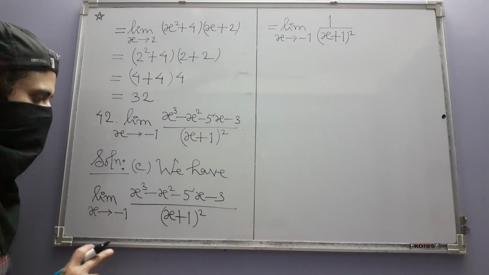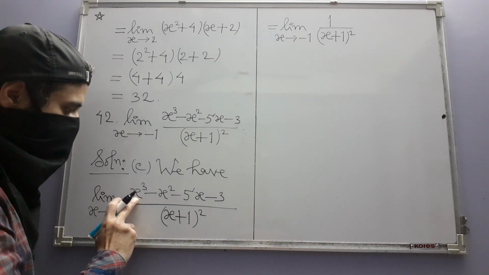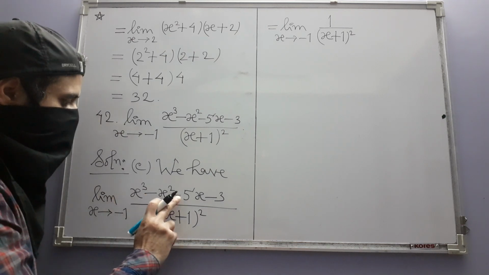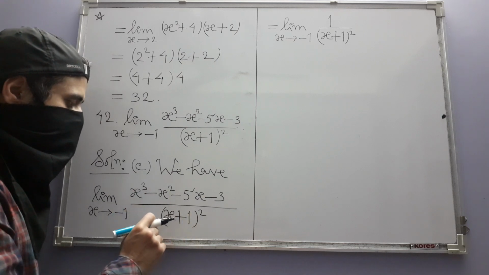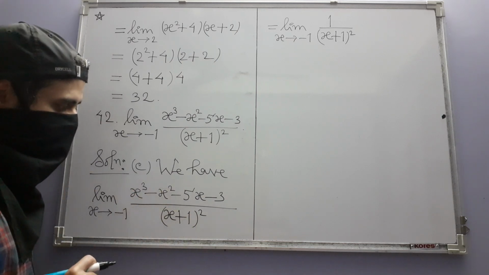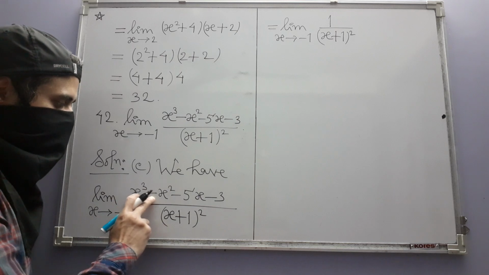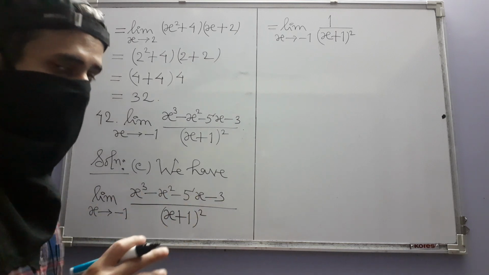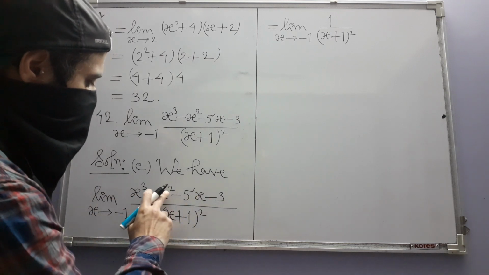So what we are going to do is that we will try to bring x plus 1 whole cube in the numerator, and then we will adjust whatever has to be adjusted.